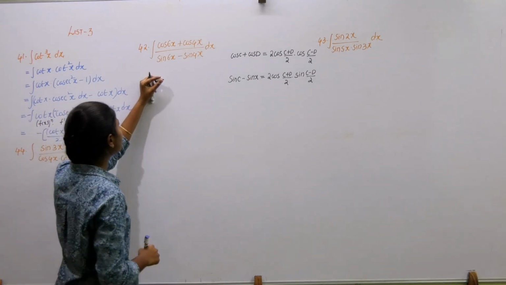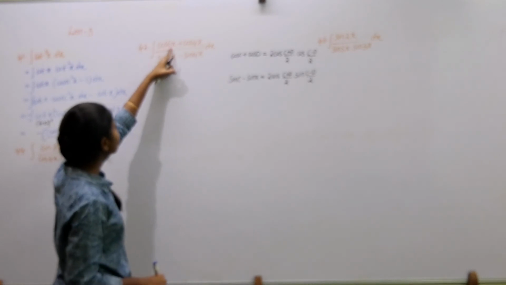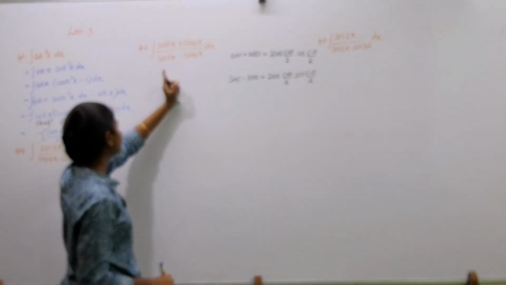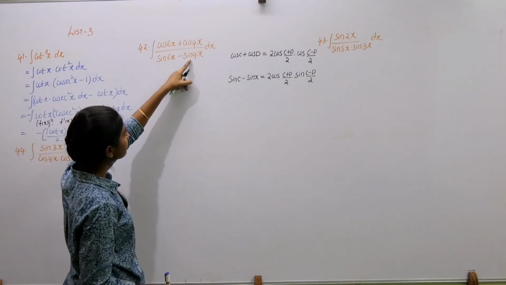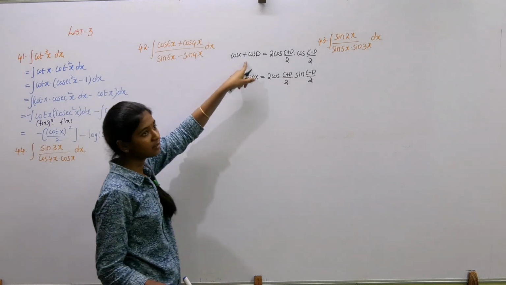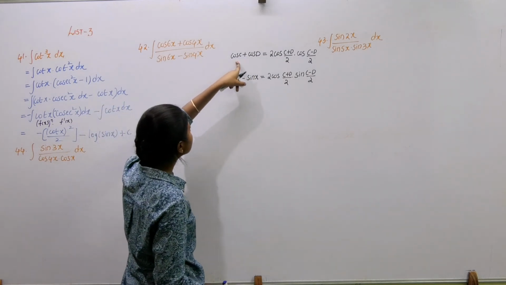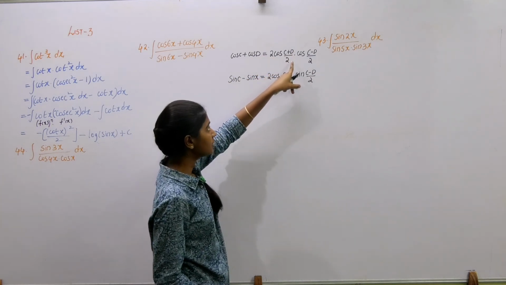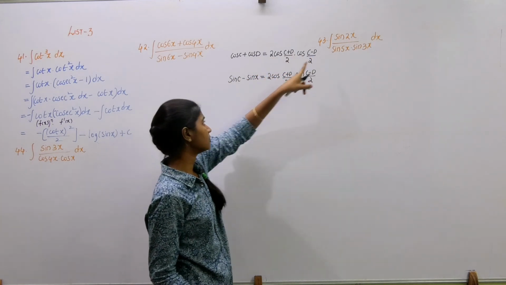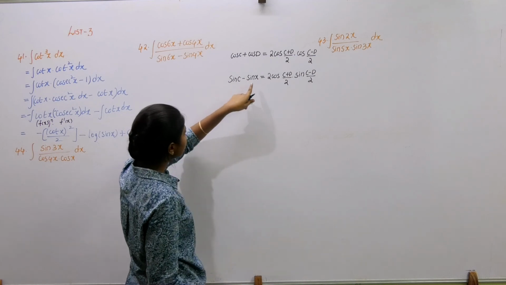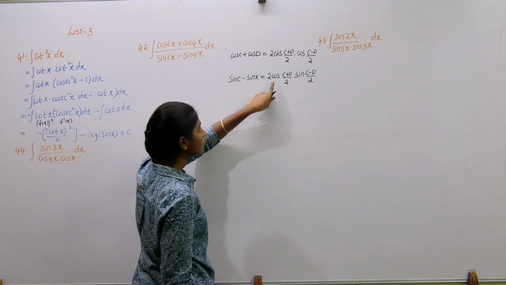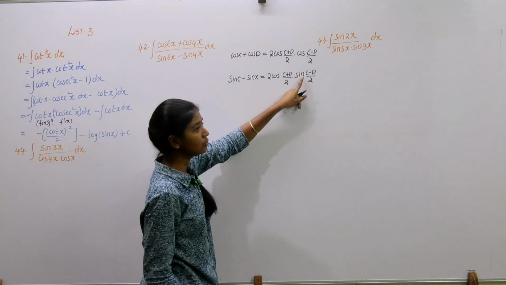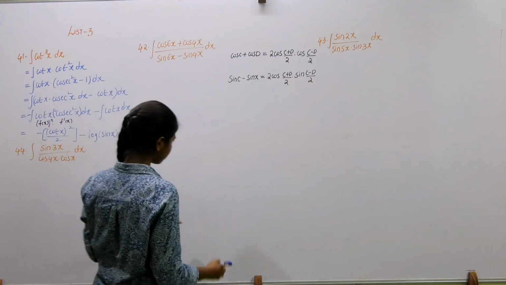Next, 42nd one. Integral cos 6x plus cos 4x by sin 6x minus sin 4x. We use these transformation formulas. Cos c plus cos d is equal to 2 cos c plus d by 2 into cos c minus d by 2, and sin c minus sin d is equal to 2 cos c plus d by 2 into sin c minus d by 2.